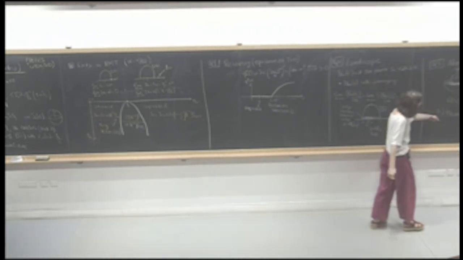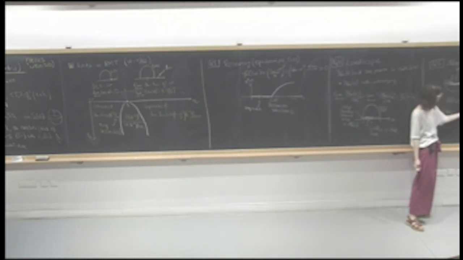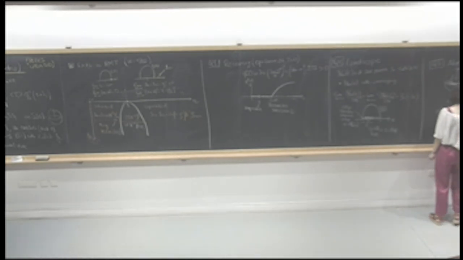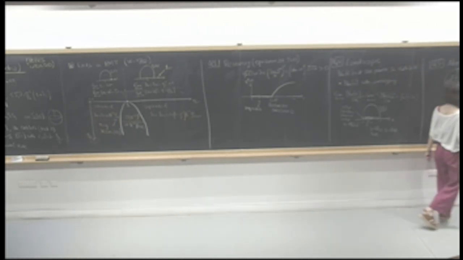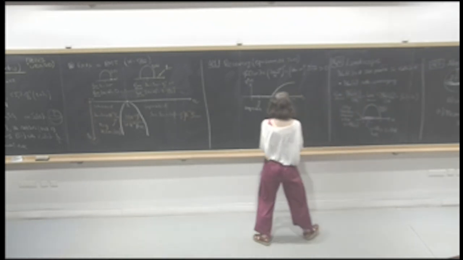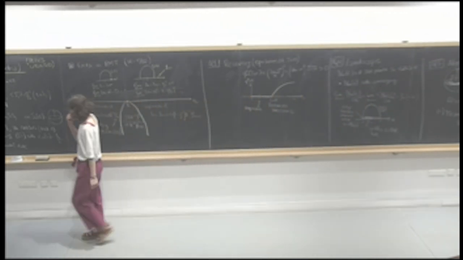So mean field here means that essentially you choose the order of limits in such a way that you first take n going to infinity, and then you take the large time limit.